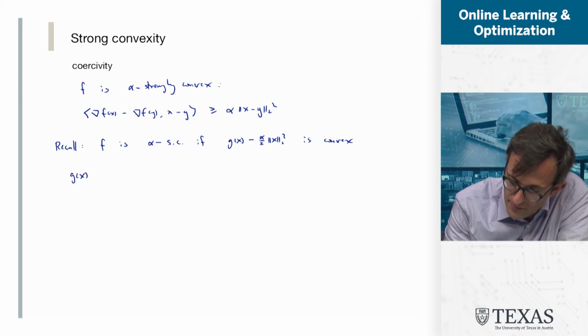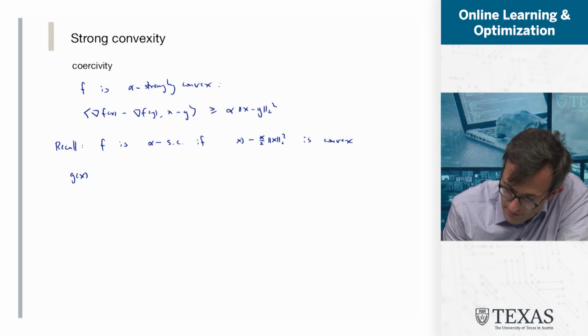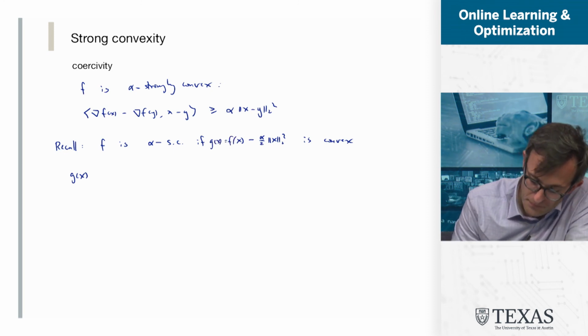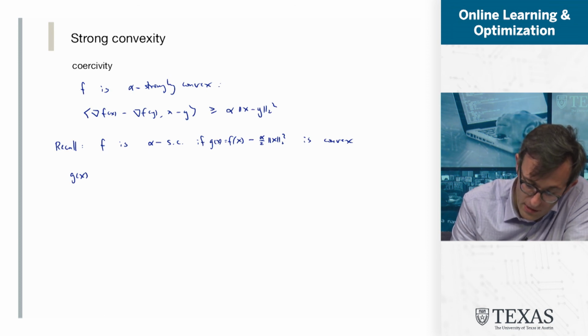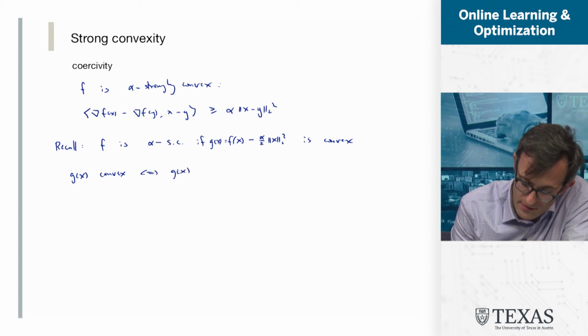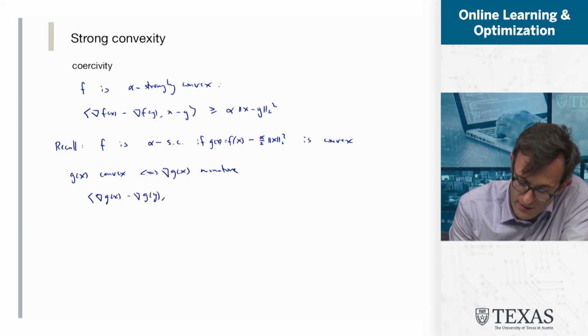G of x being convex is equivalent to the gradient of g being monotone, which is saying that the gradient of g of x minus the gradient of g of y times x minus y is greater than or equal to 0.